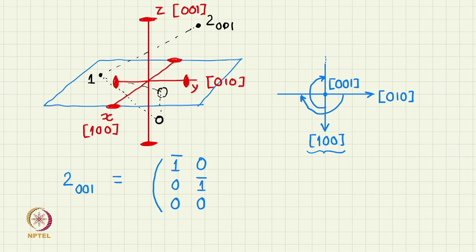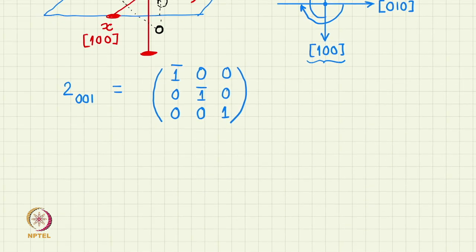And finally, the third column is where 0 0 1 goes after rotation, but since 0 0 1 is along the rotation axis itself, it goes nowhere, it remains invariant. So, the third column is 0 0 1. So, this constructs our two-fold rotation matrix about the z axis.